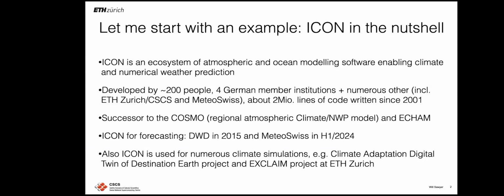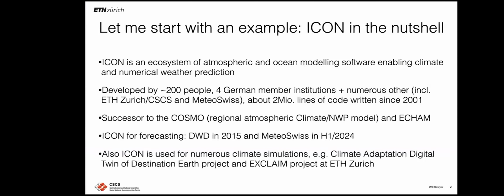We are talking about 2 or more millions of lines of code written in the past 2 to 2.5 decades. And it is, from a numerical weather prediction point of view, the successor of the Cosmo model that some of you have heard of in the context of GPU computing, and also an ECHAM model that was used at Max Planck Institute for Meteorology in Hamburg.